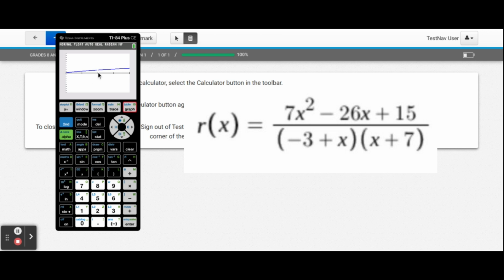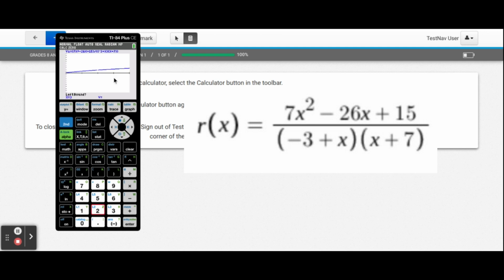Now, what I know is if I plug in 3, I get nothing. But what this question is saying is, what happens as I approach 3 from the left? Well, as I approach 3 from the left, I hit that coordinate that I found in part B, which was 1.6. And if I want to show that again, let's do this just to add a little extra minute to my video, because, monetization purposes.